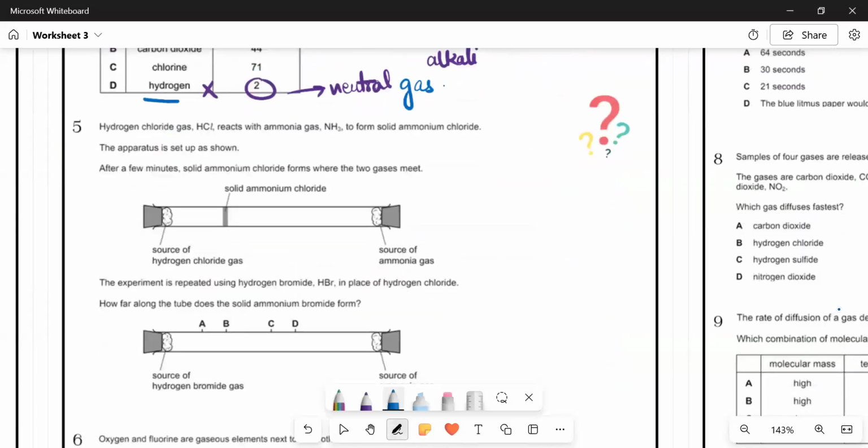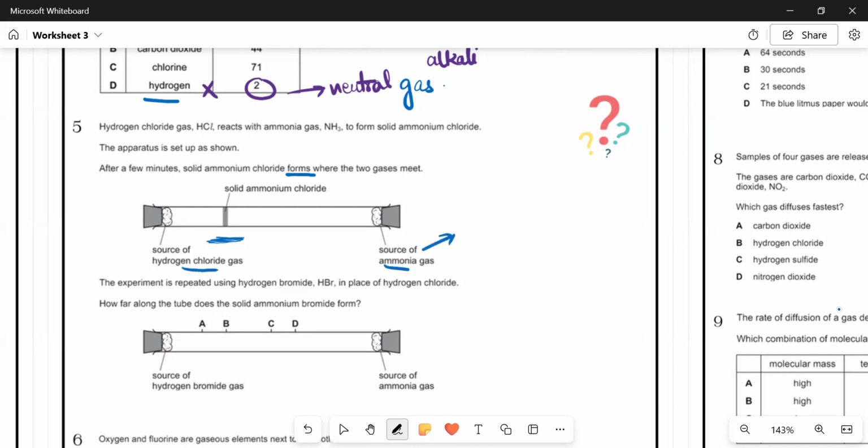Okay. Question number 5 is also similar to what we have done before. We have a glass tube. After a few minutes, solid ammonium chloride forms where the two gases meet. So here at this place, solid ammonium chloride, the product, is forming. We have ammonia and hydrogen chloride gas.